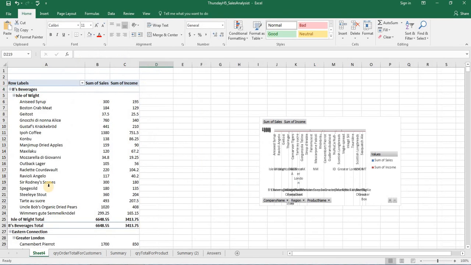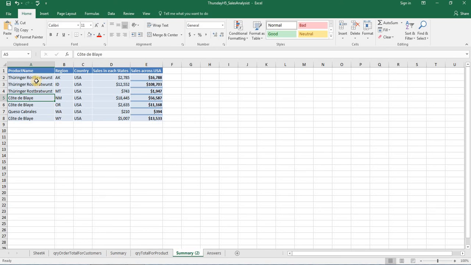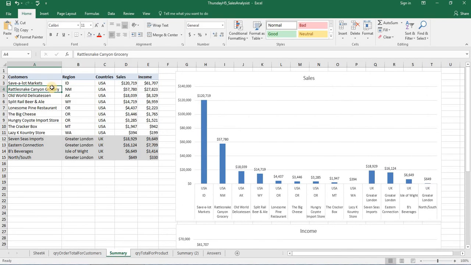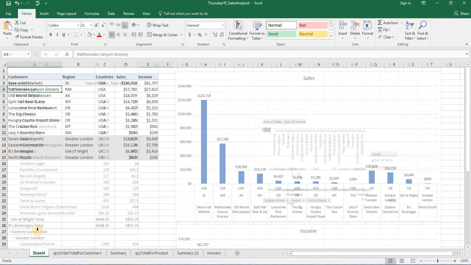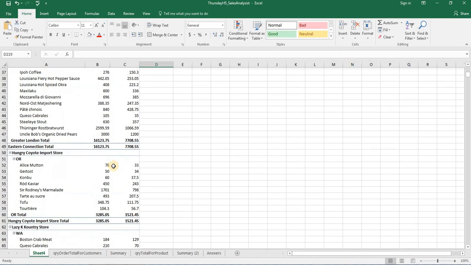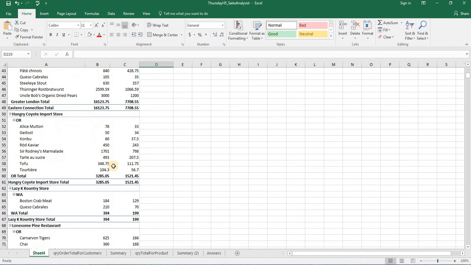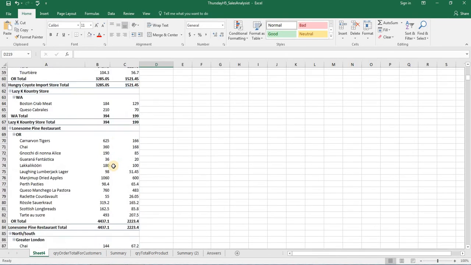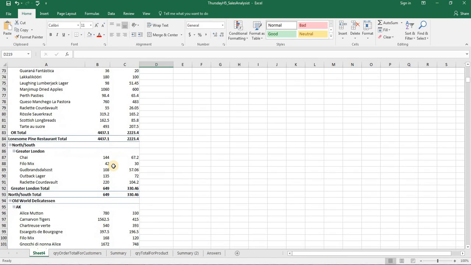Let's see if we can go to this to see if this makes sense over here. So we said these two customers were, actually this guy, so it was Save a Lot. So let's go look at this, try and find Save a Lot from our pivot table to see if we can make sense out of this, see if some things add up.